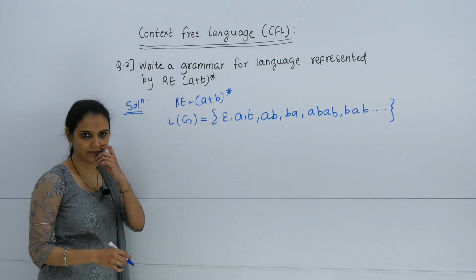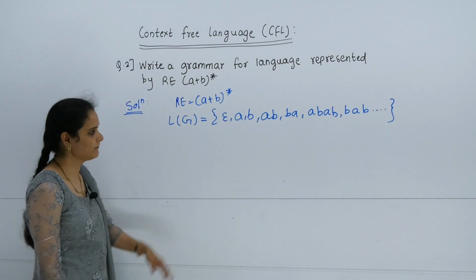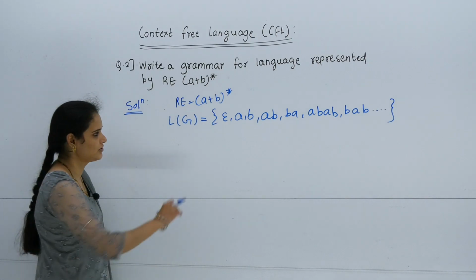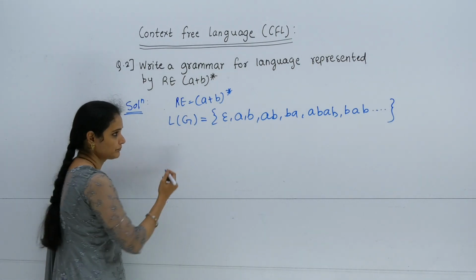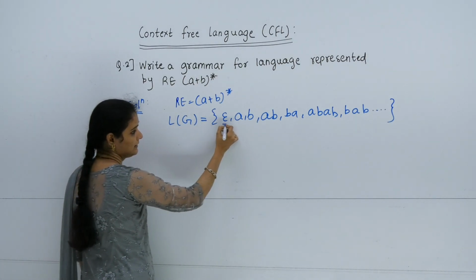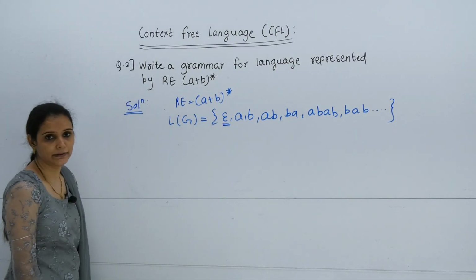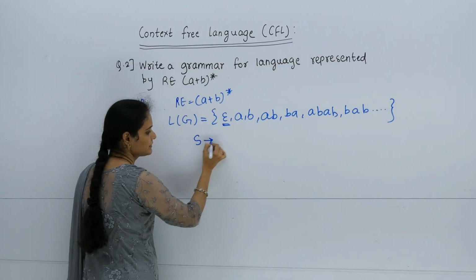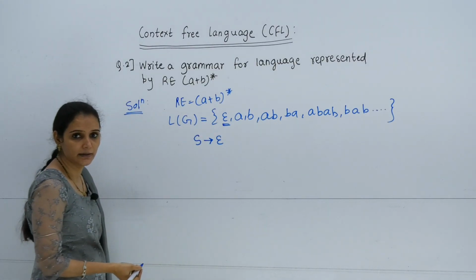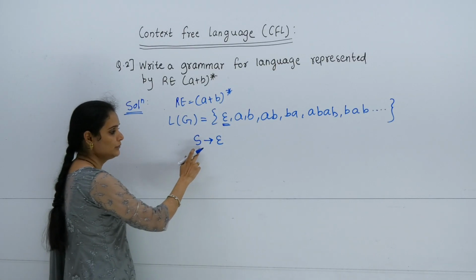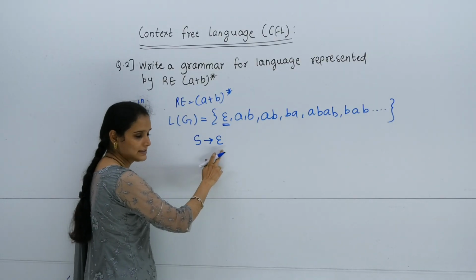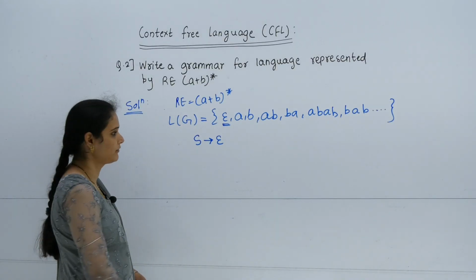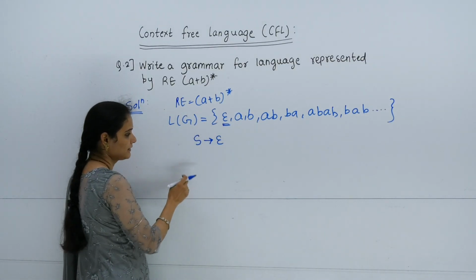That star operation we have studied in our first unit, so we can understand how those strings can be generated. Now null can be derived by using the production rule S produces null. We saw in the previous video that by using S produces null, we can derive zero a's or zero b's, that is, null can be derived.